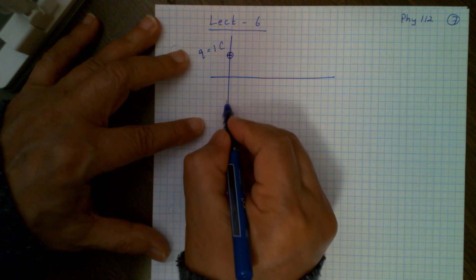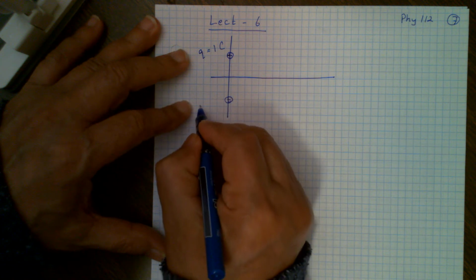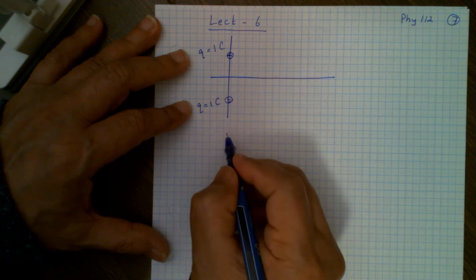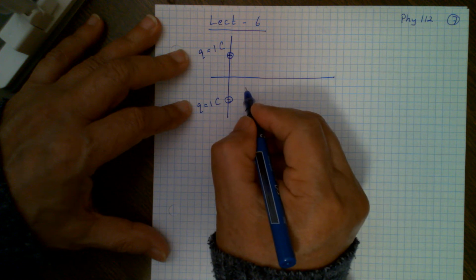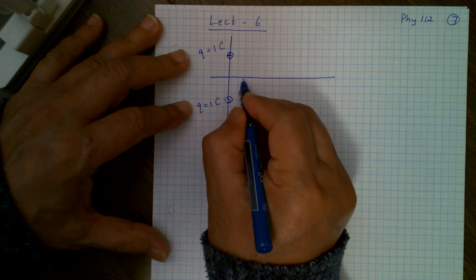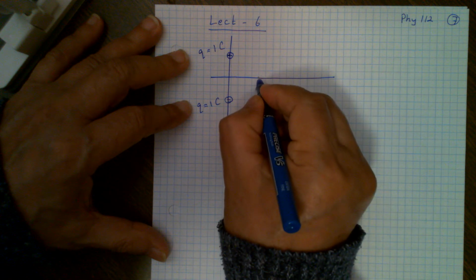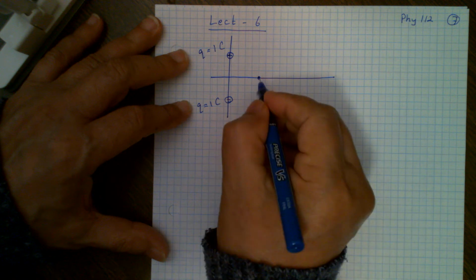Another one here, Q is equal to 1 coulomb. They are positive charges. Then I want to find the electric field at this point, at 1, 2, 3, 4.